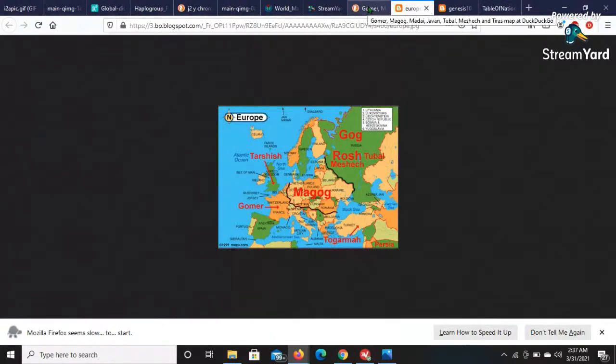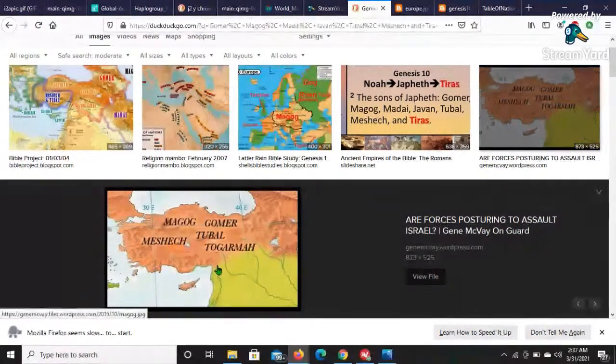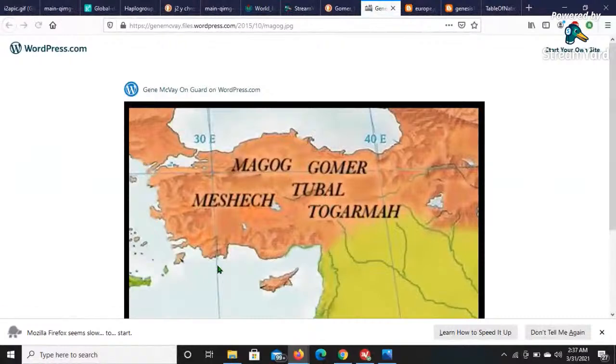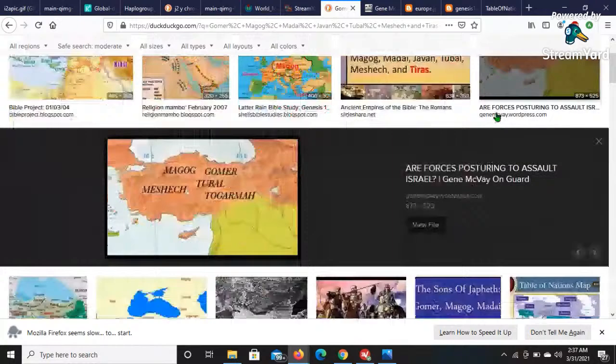So you have to be a little bit skeptical sometimes with some of this information. This is more like where they started out. Magog, Meshech, Tubal, Gomer. Tagarma. Originally, Japheth went north. Originally. So we do have that.